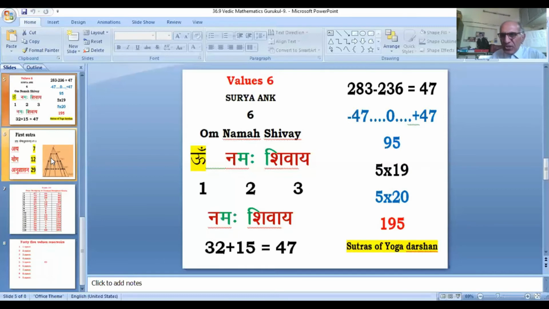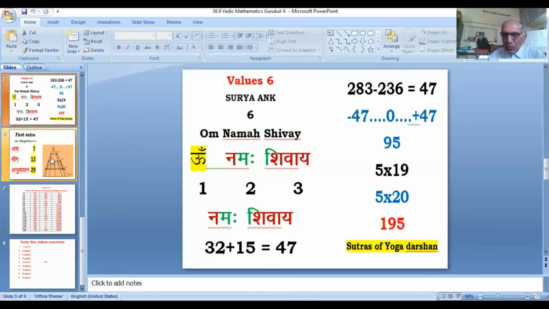5 into 19. One more than before, one step ahead will take us to value 5 into 20. Now this reach is of a pair of steps and it is of value 195. Blissfully, this is the value parallel to the total sutras of Yoga Darshan.